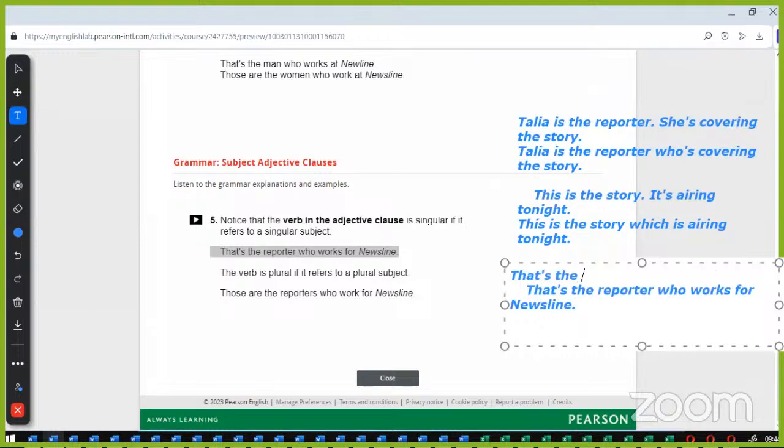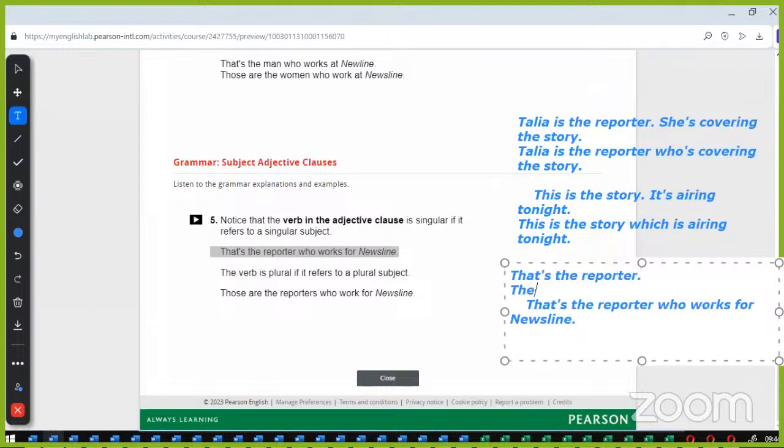The first would be: that's the reporter. The reporter works for Newsline. That's why we combine them, and here's the result. That's why you use works, because it comes from here.